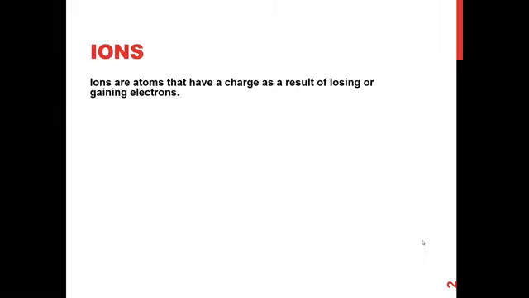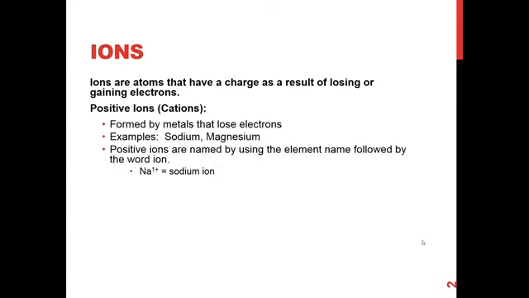Before we can discuss nomenclature, there's a few points regarding ions and ionic compounds we need to clarify. First of all, a reminder that ions are atoms that have a charge as a result of losing or gaining electrons. Positive ions, also called cations, are formed by metals that lose electrons.